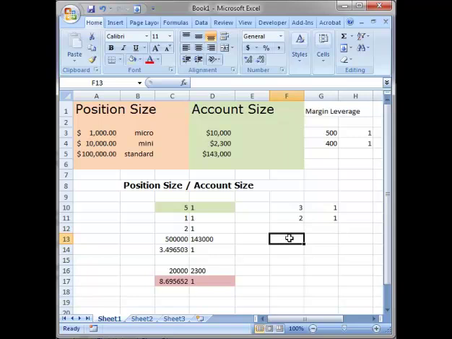then you might want to look at something called negative leverage. And what's negative leverage? Negative leverage is when you have a $10,000 account and you have one micro lot. So you're looking at very minimal gains, very minimal losses as well, but you're also controlling your risk. That's called negative leverage.